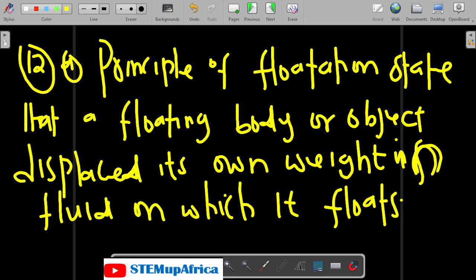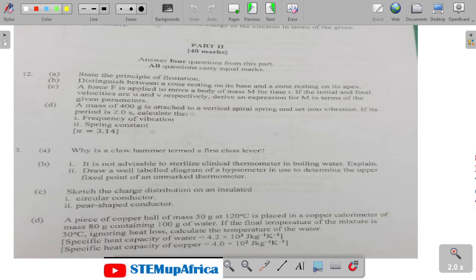A floating object displaces its own weight in fluid on which it floats. It's also called the principle of buoyancy. That's what the law of flotation is referred to as, the principle of buoyancy.